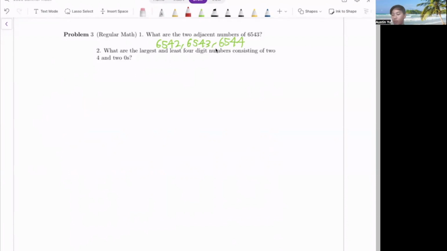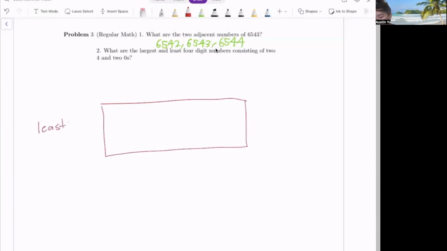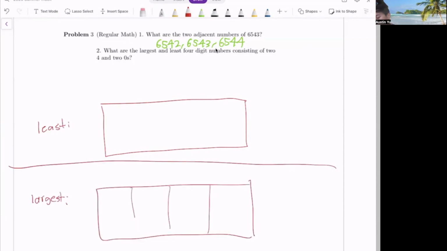The second part of this problem is what are the largest and least 4-digit numbers consisting of 2 4s and 2 zeros? Well, it's asking us for the least and the largest 4-digit numbers that have the choices of 2 4s and 2 zeros.